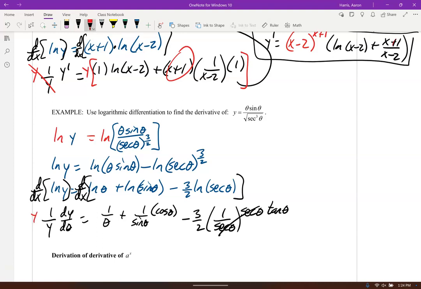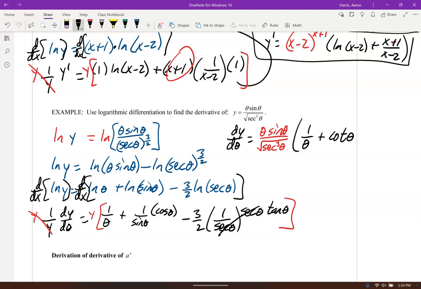And I'm going to take this y to the other side. So I have, let me come up here, dy/d theta is y. So let's substitute y in. Here's my y, the original y, times 1 over theta plus cosine over sine is cotangent of theta minus 3 halves tangent.